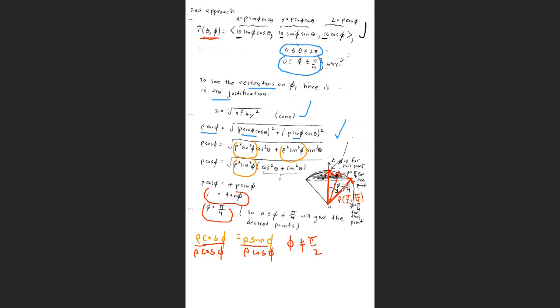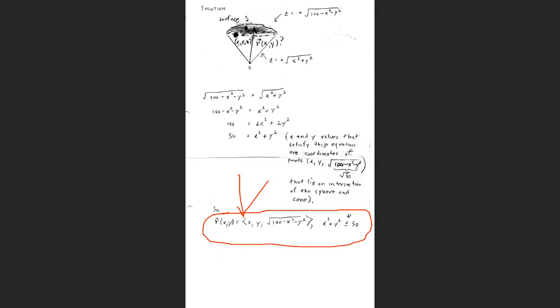Remember what we have here. We have two ways to parameterize this surface. The second way was using parameters theta and phi. And then these here were our restrictions on the parameters that forms the domain for the parameter space. That was the second approach. The first approach was to let x and y be parameters.